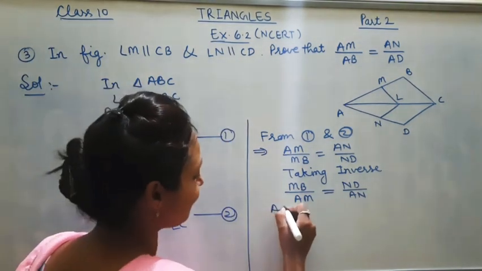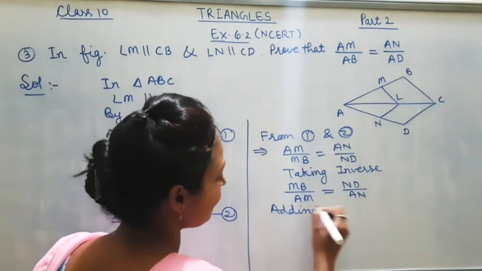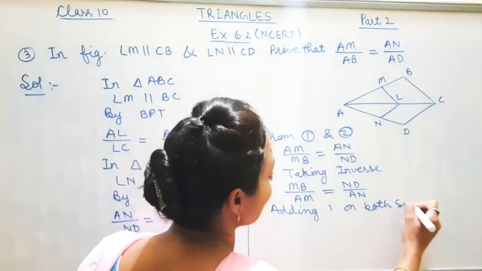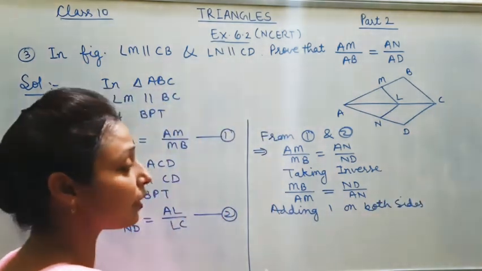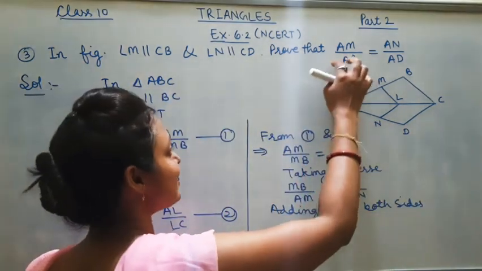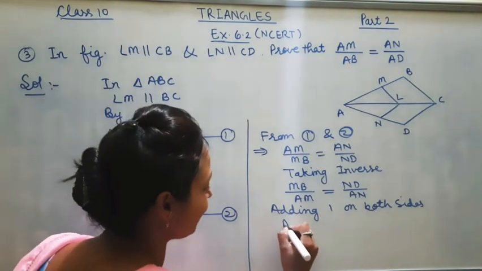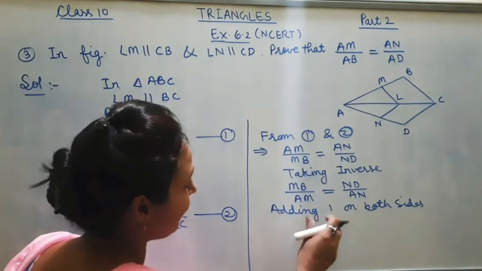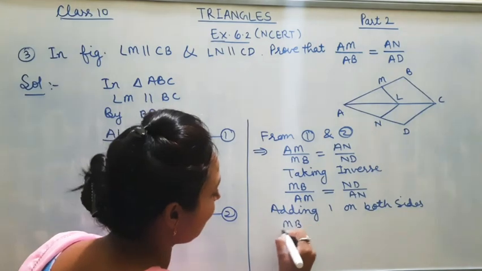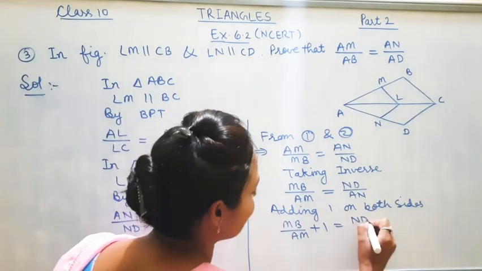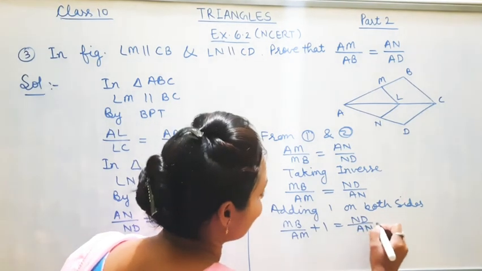Why do we have to do this? Because I want this denominator. For this I will add 1: MB upon AM plus 1 is equal to ND upon AN plus 1.